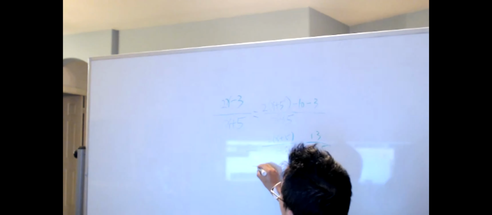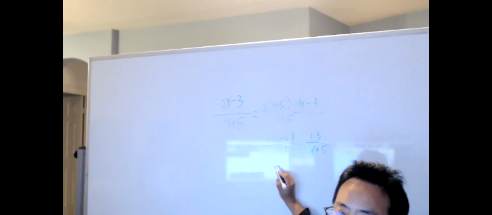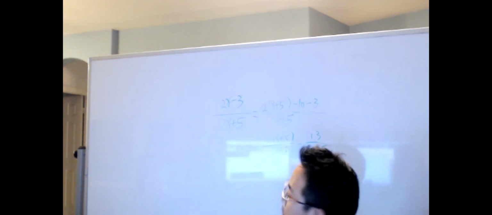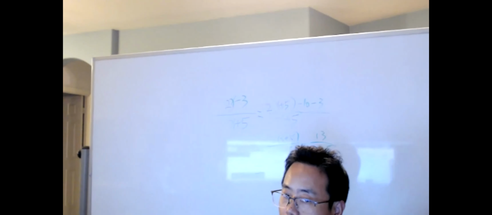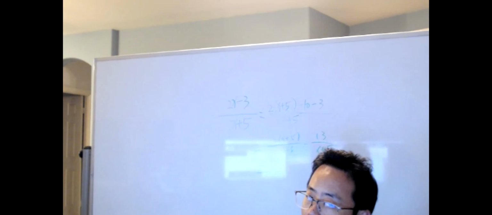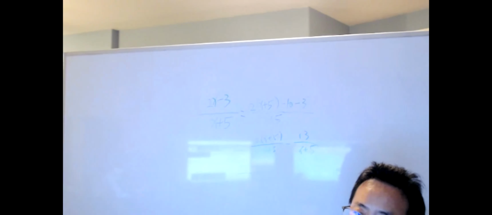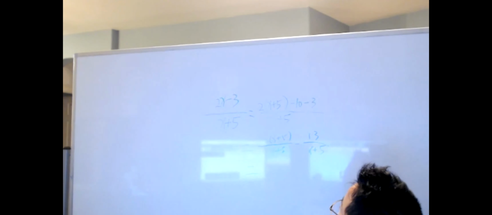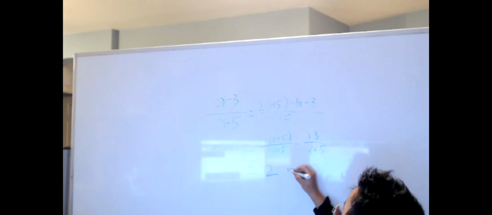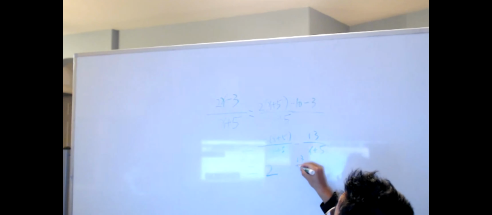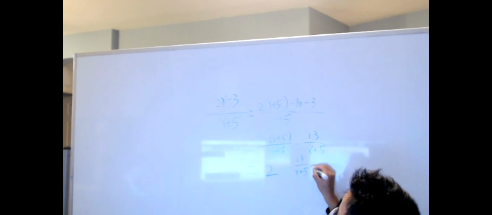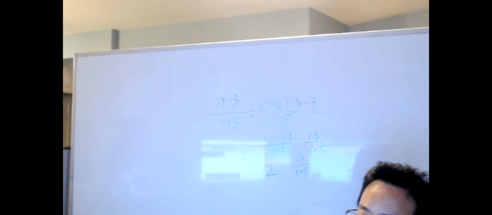Okay, so this is not very clear, but not much we can help. And this becomes 2, and this becomes 13 over x plus 5. This is how we get it.